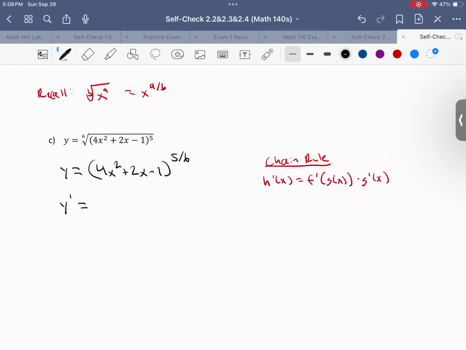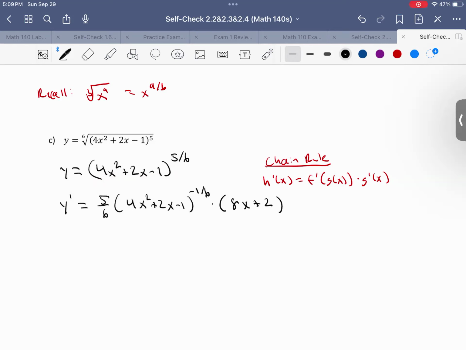So this becomes 5/6 times 4x squared plus 2x minus 1. The inside stays the same. And then 5/6 minus 1 is going to be negative 1/6. Okay. And then it's times the derivative of the inside. So this guy, which is just 8x plus 2.